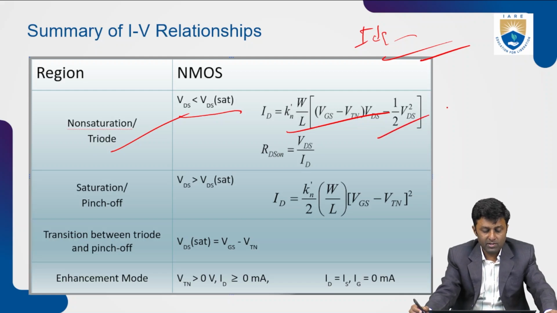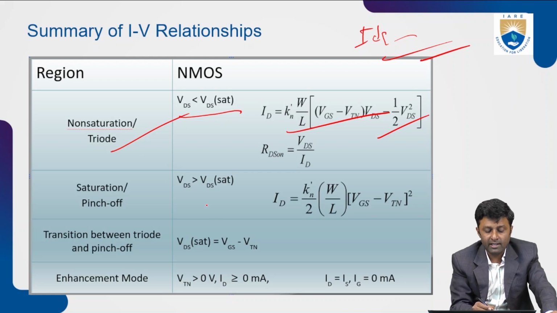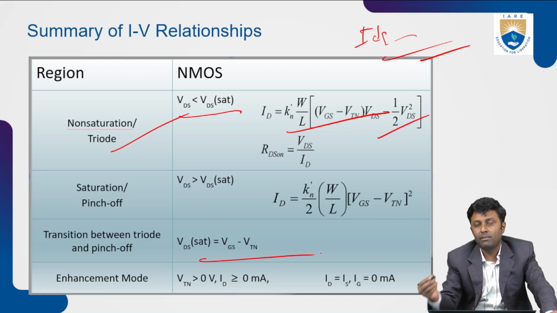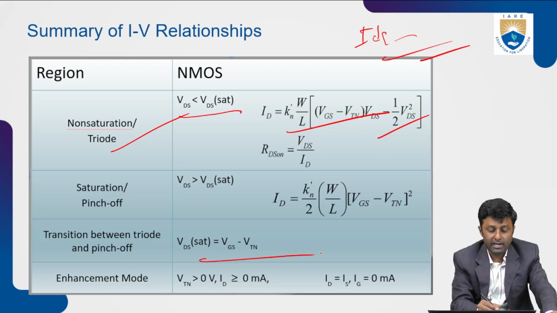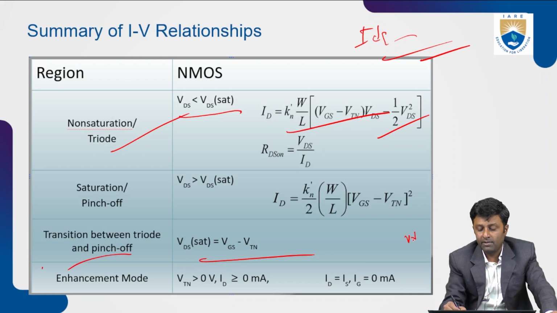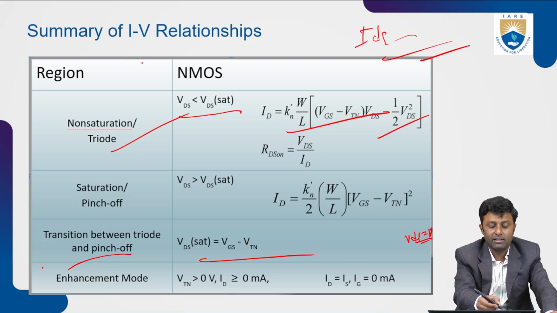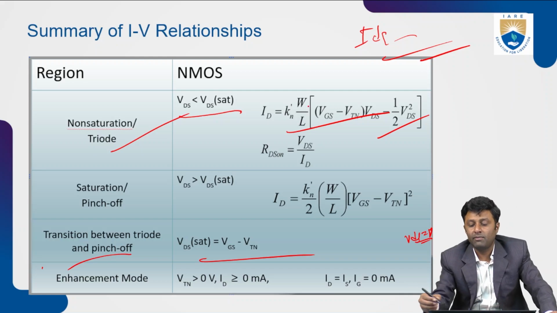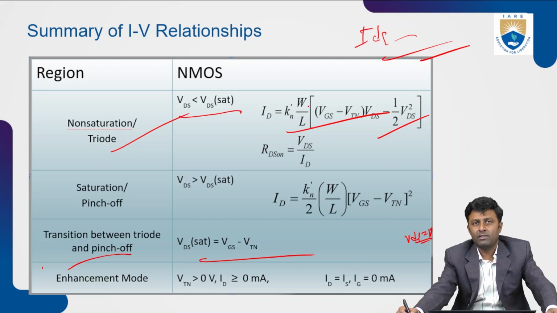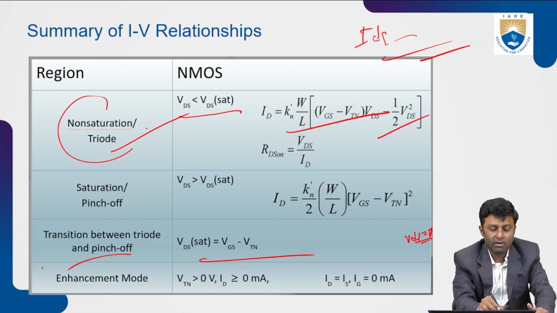There will be 3 regions of operation. The first is the pinch off region, wherein if VDS is equal to 0, there will not be any flow of current. Then the non-saturation and the saturation. In the non-saturation region, a small amount of current flows.